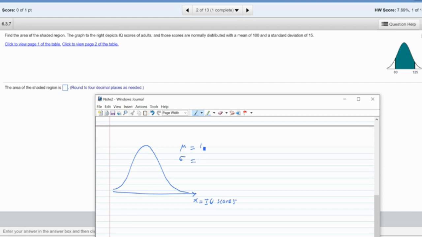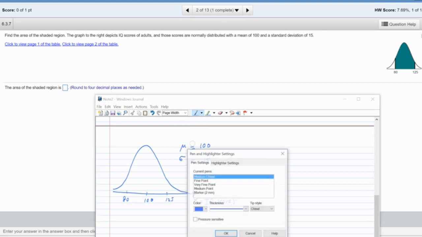Mu is, again, 100, and the standard deviation is again 15, so here is your 100. Now we'll mark 80 and 125. So 80 is right here and 125 is right there, so we have to find out the area between.